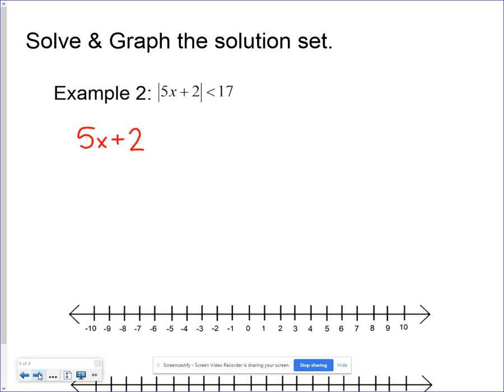So it's 5x plus 2 less than 17. And then I want to go 5x plus 2 and change that 17 to negative 17. And again, since I'm changing it to negative 17, I got to flip my inequality symbol. So it's not less than this time, now it's greater than.